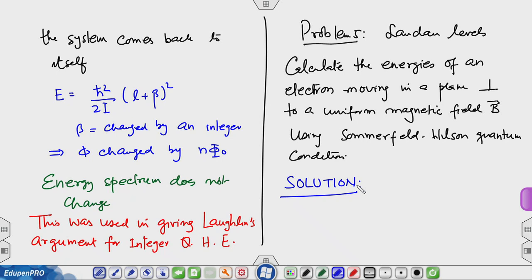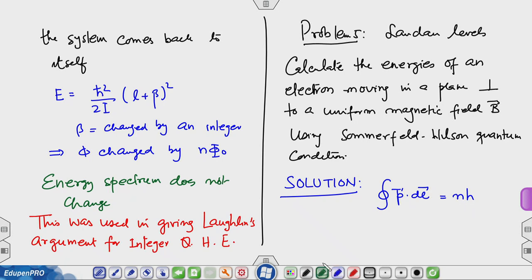What are the Sommerfeld-Wilson quantum conditions? That is integration P dot dl over an entire closed orbit is equal to NH. That is the condition.